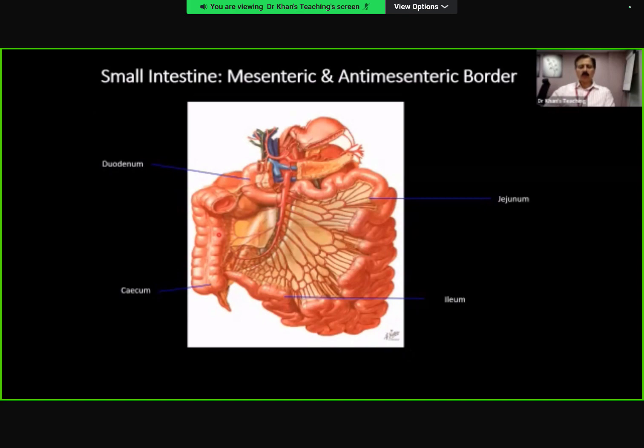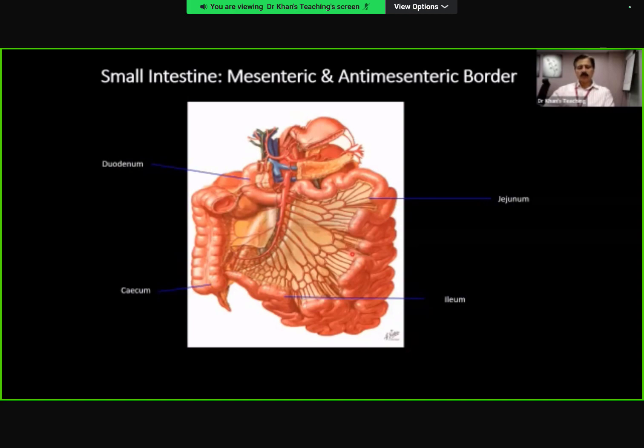Also remember the concept of mesenteric border as well as anti-mesenteric border. The mesenteric border is, of course, the side of the mesentery, and the other one is the anti-mesenteric border. Most of the pathologies happen at the mesenteric border. For the anti-mesenteric border, remember Meckel's diverticula. That is important for the exam.